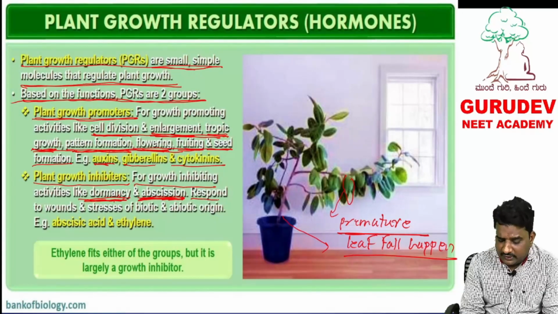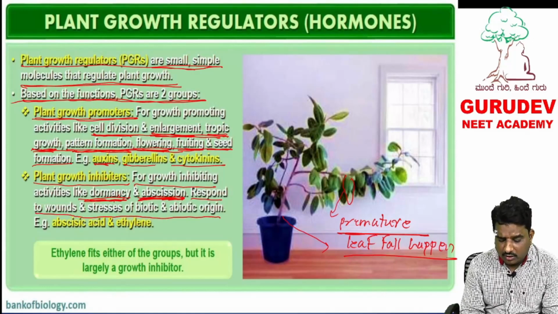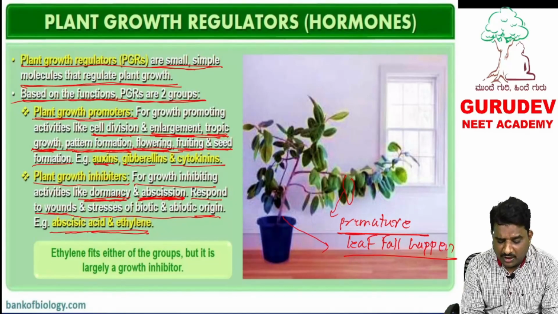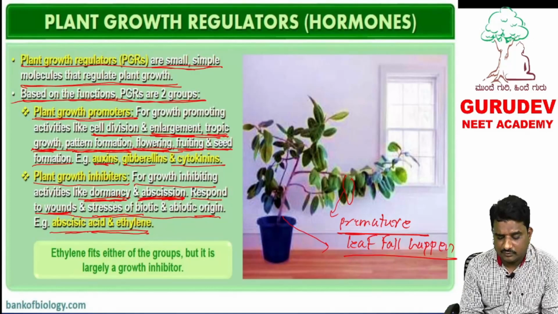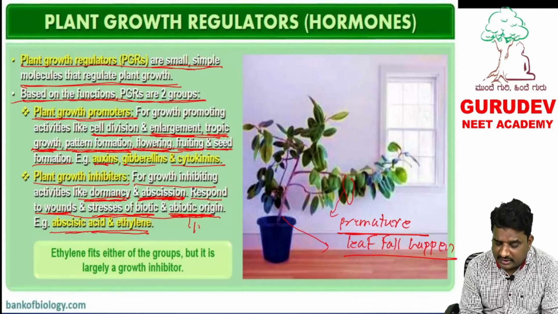For example, plants respond to stresses of biotic and abiotic origin. Abscisic acid and ethylene play a very important role. That means if the plant has a wound, or there is water stress or sunlight stress, that is abiotic origin.